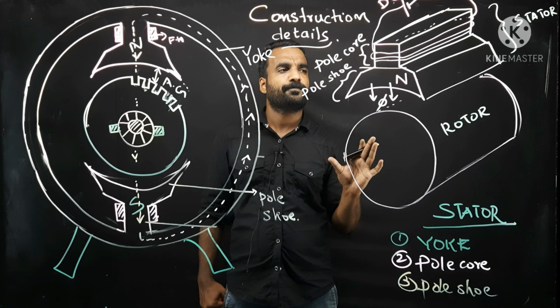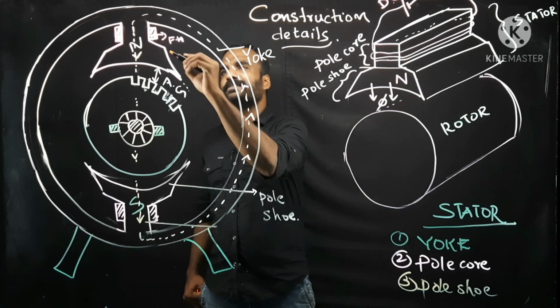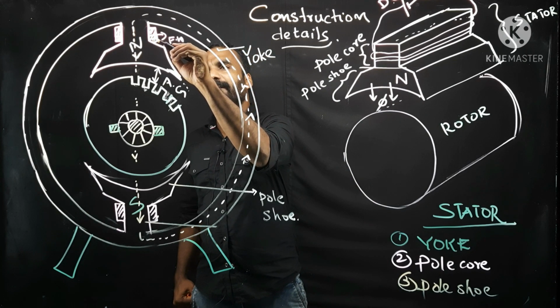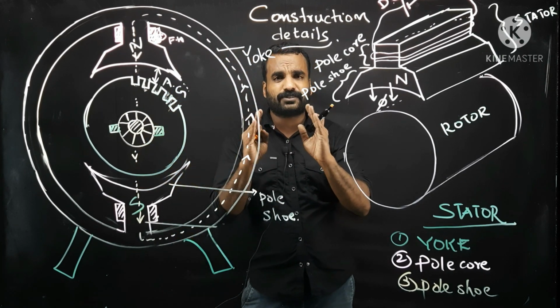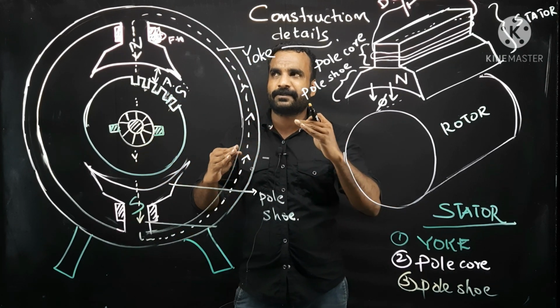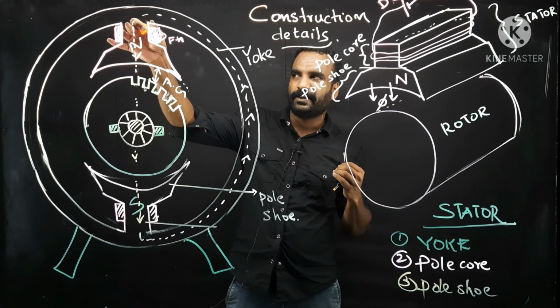The first function of the pole shoe is that it supports the field winding. You can see here, if the field winding is very bulky, what happens? It will touch the pole shoe. If the pole shoe is not made in such a shape, it cannot stay here in a uniform shape.